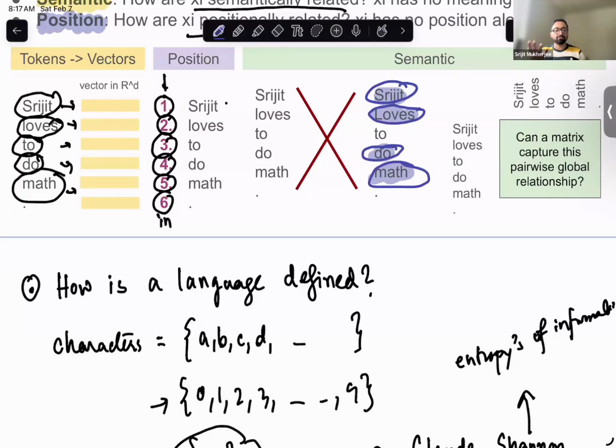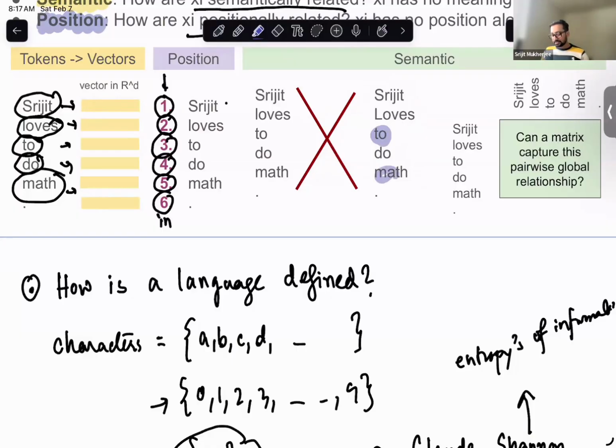And similarly, you can do it for loves. For loves, any idea? Go ahead, I'm listening. What will be the two important words for loves? Important related words. Two, okay, two is important. Yes, it exists because loves has actually nothing to do with do and math, right?